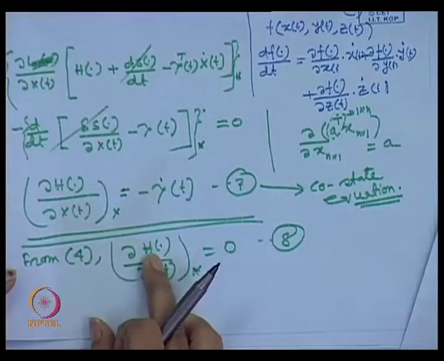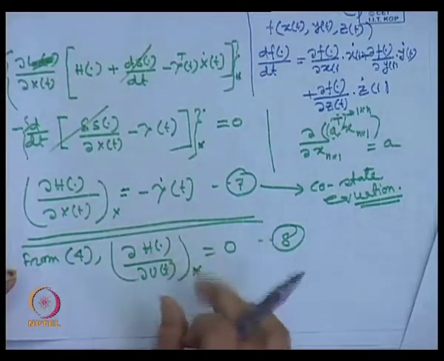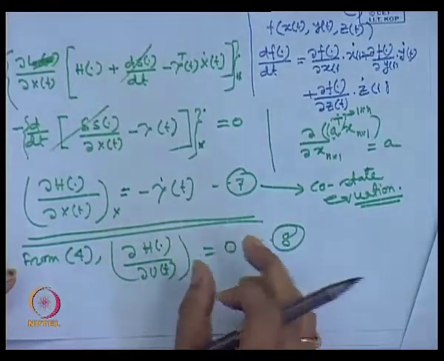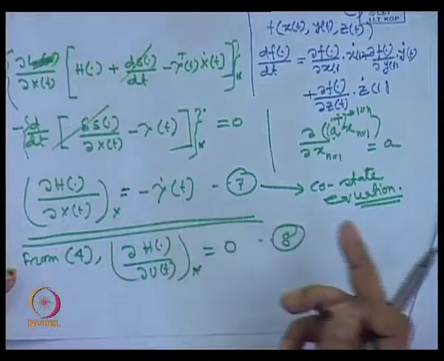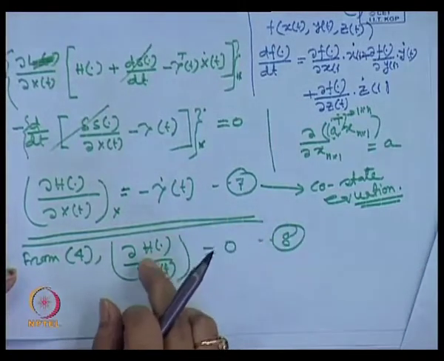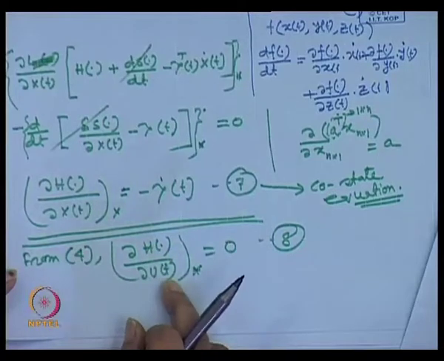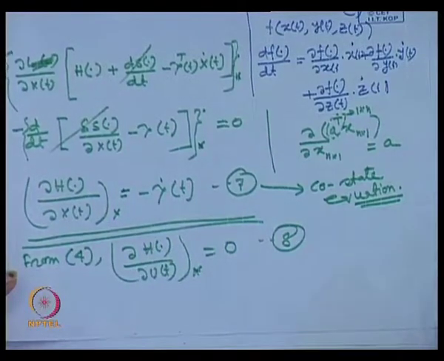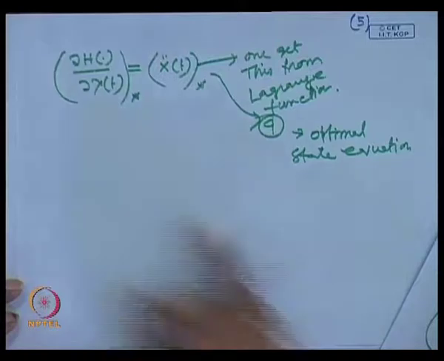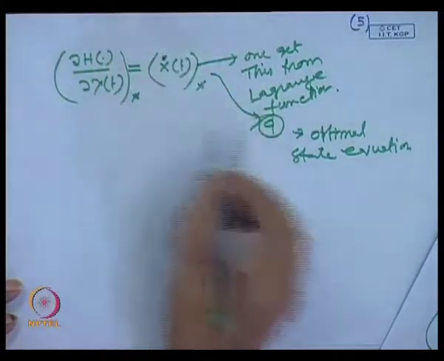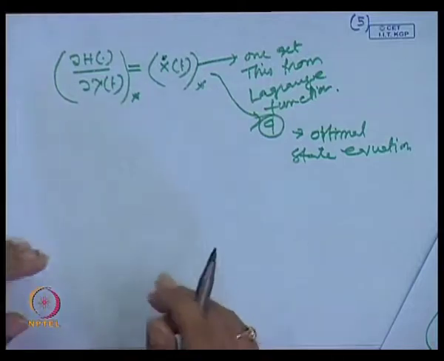Another expression: in place of del L del u, the partial derivative of the Lagrangian with respect to u, when L is expressed in terms of the Hamiltonian, we get del H del u. And the state equation is del H del lambda equal to x dot of t. Now see the boundary conditions.